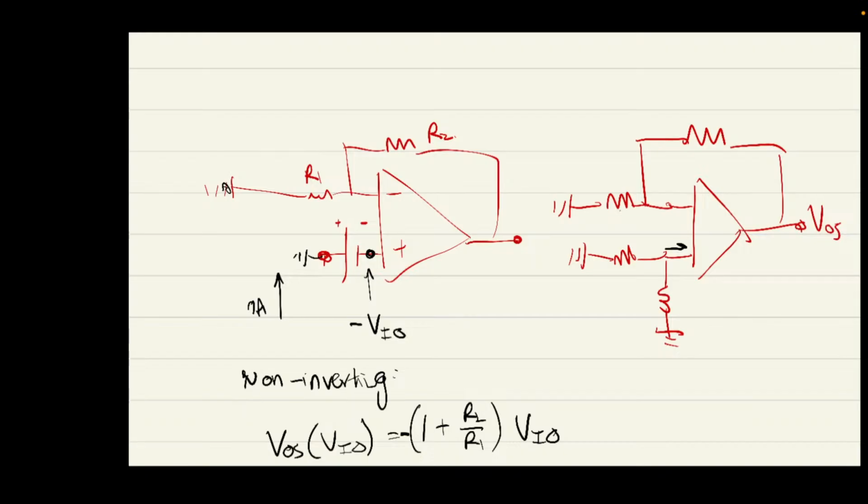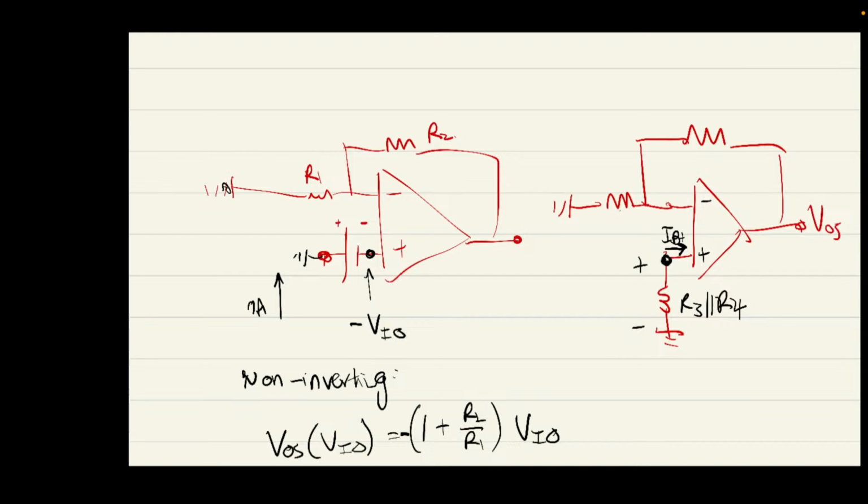And now we're assuming that there is a finite current going into the positive terminal. Again, these resistors are in parallel, so I'll just draw them in parallel. We have R3 parallel R4. To find this voltage, I can just use Ohm's law.